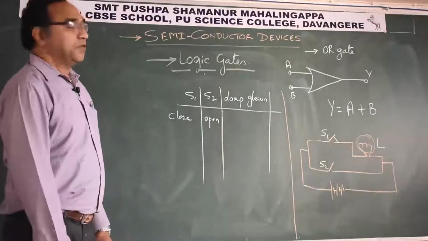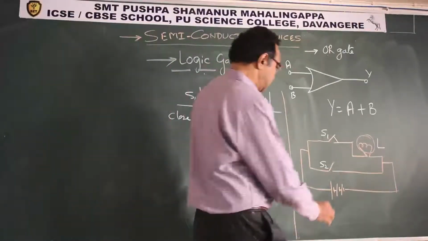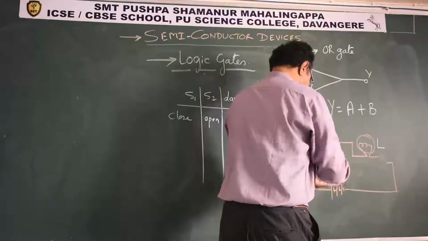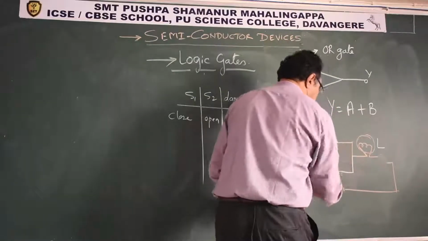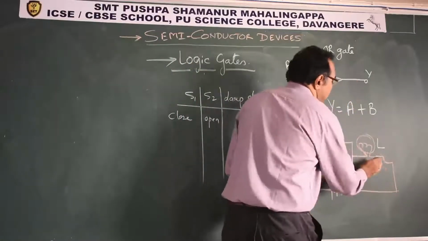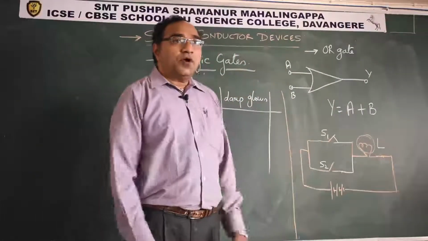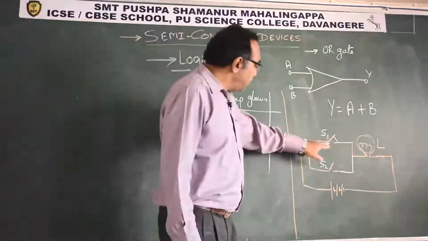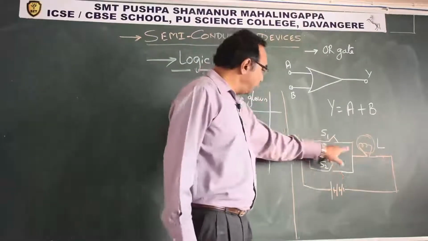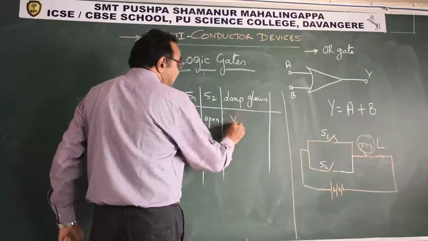Yes. For the lamp to glow, current should come. This is the correct circuit diagram. Will the lamp glow? Yes, the lamp will glow, because if you close it, current will not go in this path, current will go in this path, and it is passing through lamp. Lamp glows.